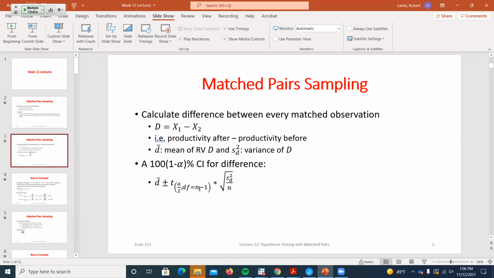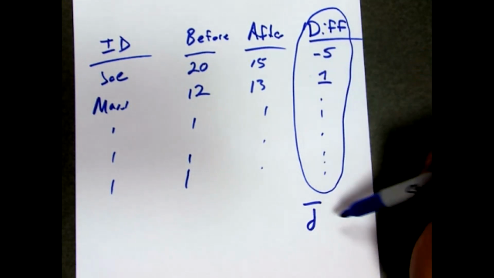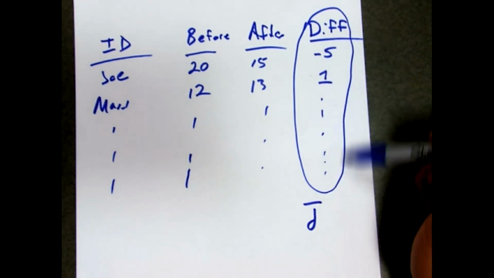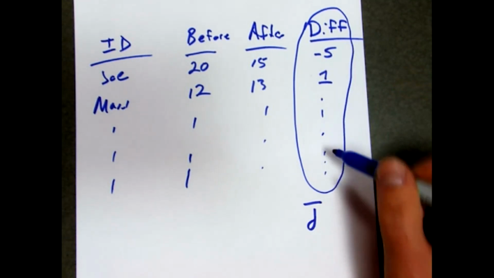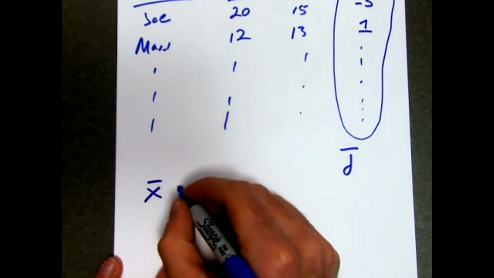These examples really look no different than what we were doing with one population sample mean, sample variance examples, other than we had that added step where we had to create this difference variable. And then we're just finding the mean difference, the variance of this difference variable, the sample size, and relating this to what we had before.